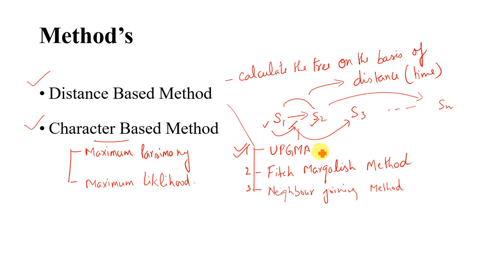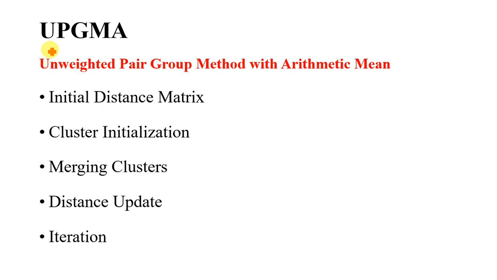It is the simplest method for the construction of a tree, and we'll talk about this method. UPGMA stands for Unweighted Pair Group Method with Arithmetic Mean.